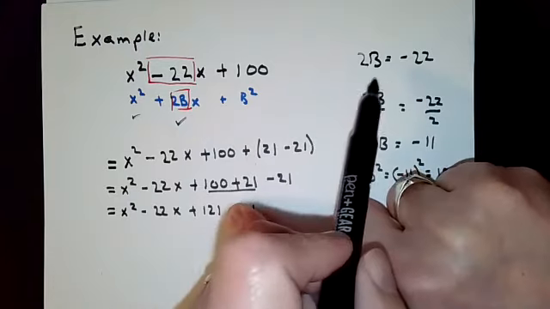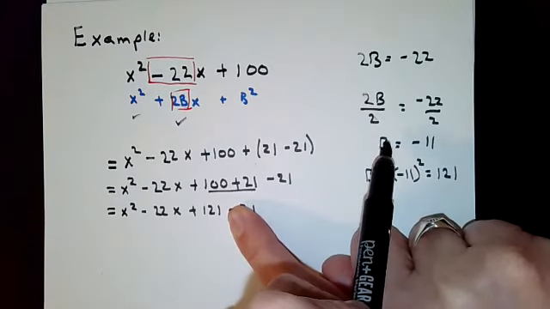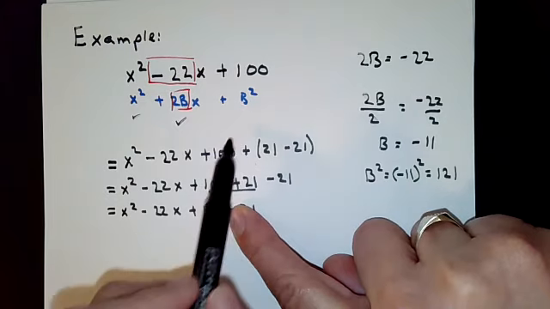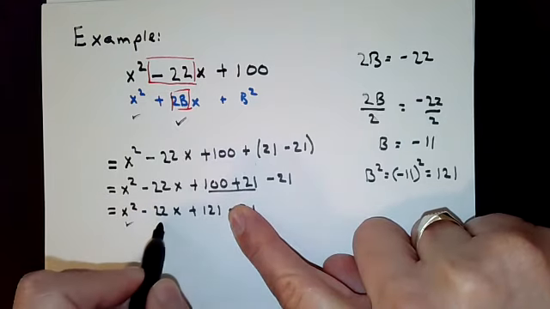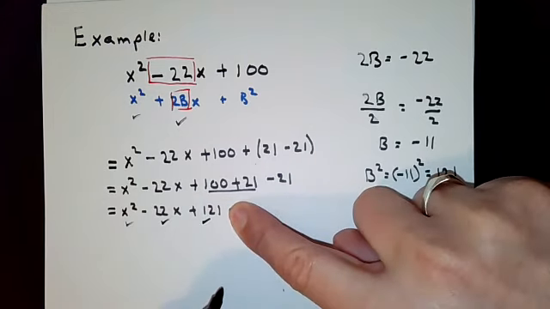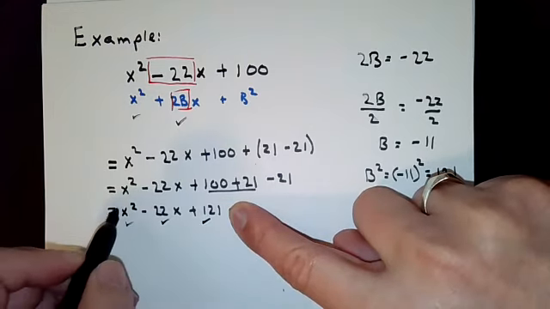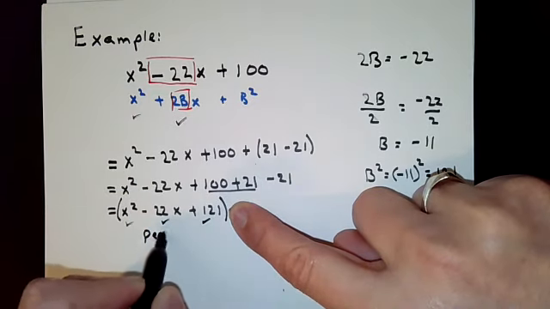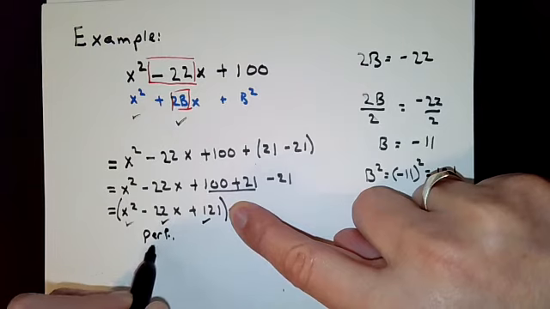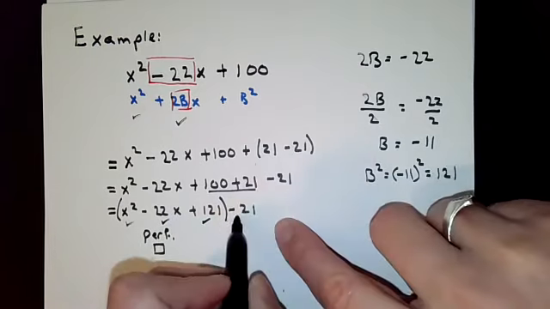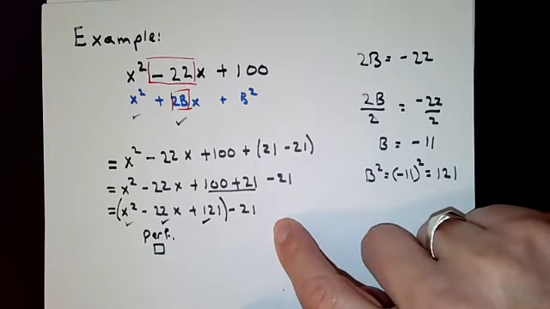And since we know b is equal to negative 11, the constant term is b squared. We match b squared. We match all 3 terms. So the first 3 terms are a perfect square. And we have this minus 21 hanging out on the outside.